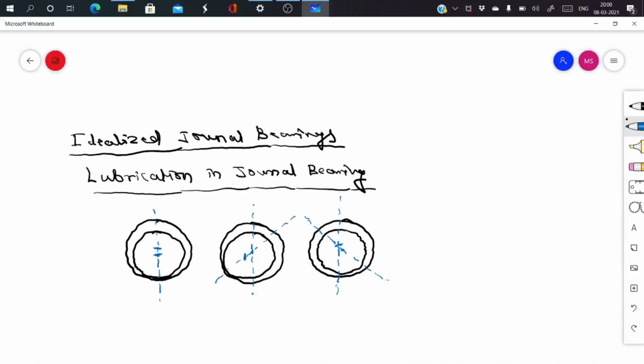So here the inside circle is the journal, and the outside circle is the bearing.